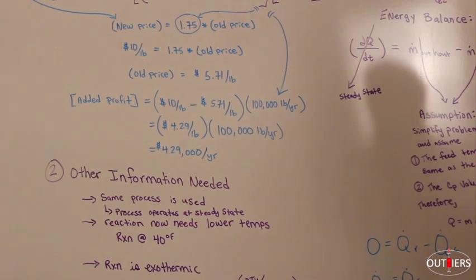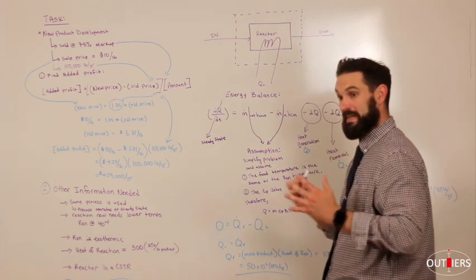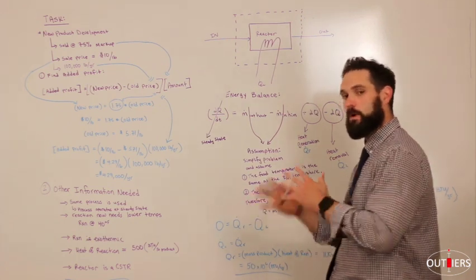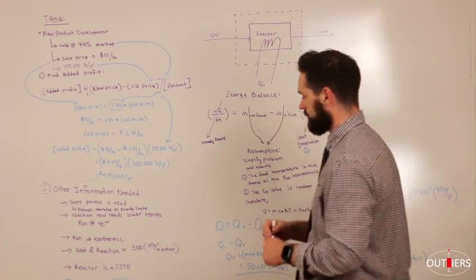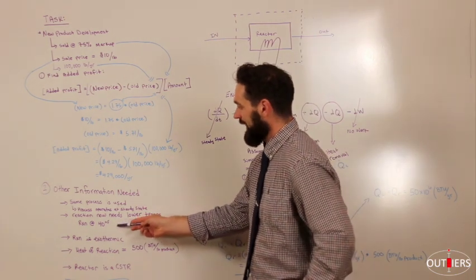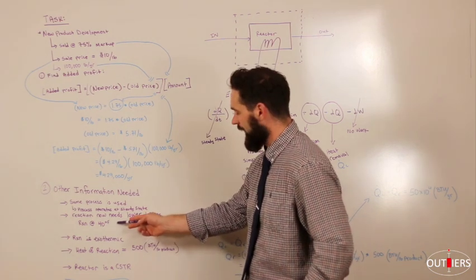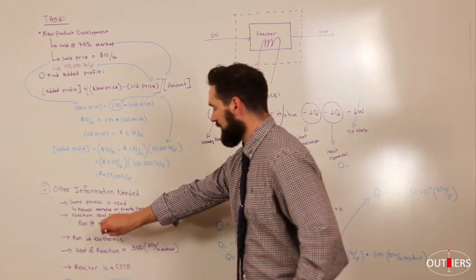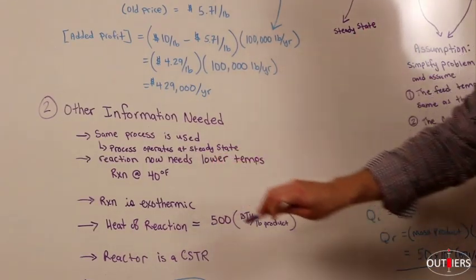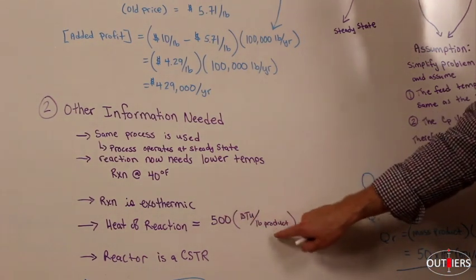Okay? Now, remember, when we're looking at our process flow diagram for our refrigeration cycle, one of the things I told you that we needed was the heat duty on the cold side. And so how can we get that? Remember, it comes down here. We got to keep this reactor at 40 degrees Fahrenheit. So this is going to be the cold side of our refrigeration cycle. And we need to keep this reactor at 40 degrees Fahrenheit, knowing that it's an exothermic reaction, and the heat of a reaction is 500 BTUs per pound of product.